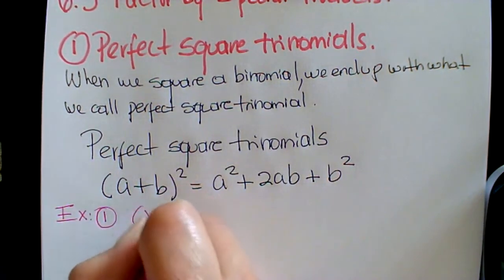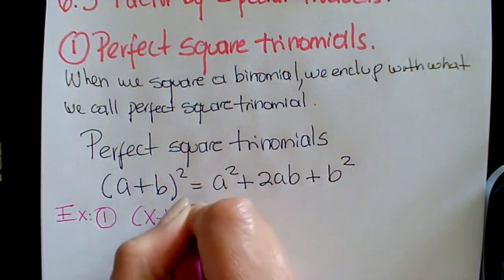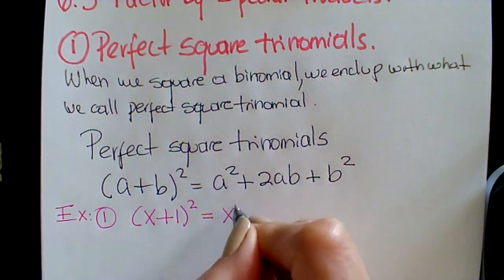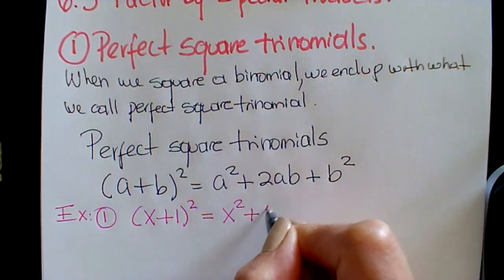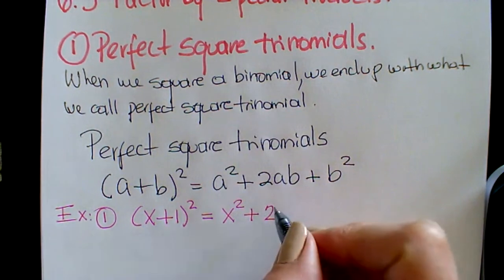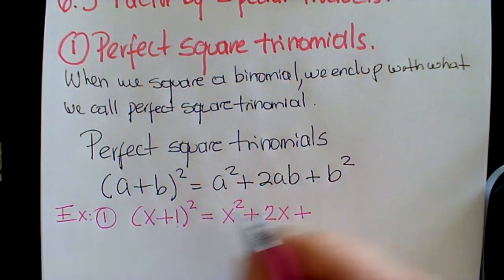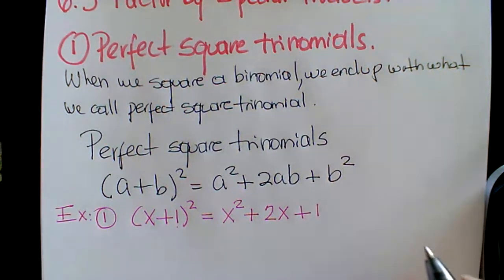We have x plus 1 squared. So we know it's going to be what? X squared plus 2 times x times 1, which is x, plus 1 squared.